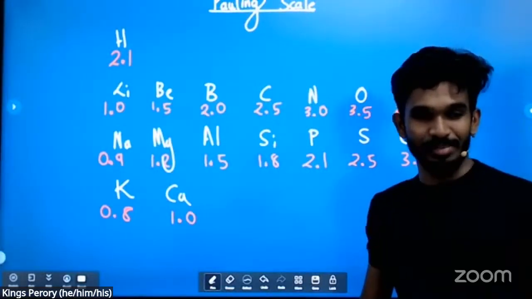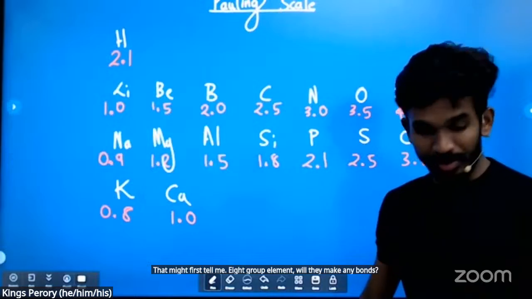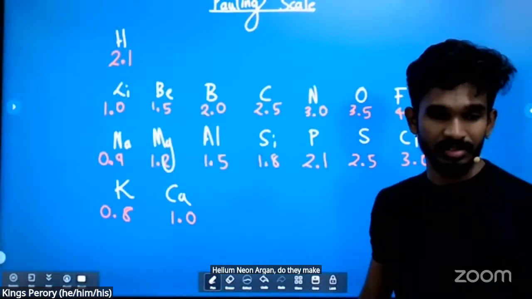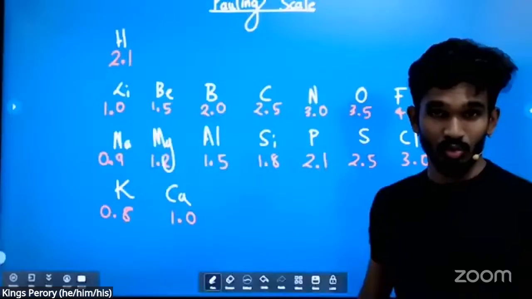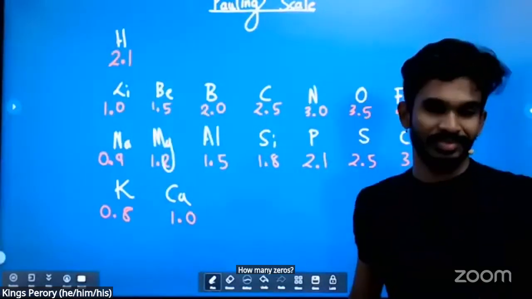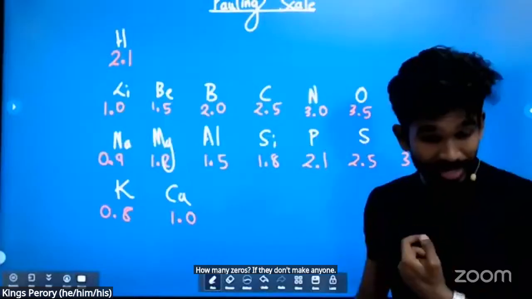First tell me, 8 group elements, will they make any bonds? Helium, neon, argon, do they make any bonds? No. If they don't make any bond, can they attract bonded electrons?